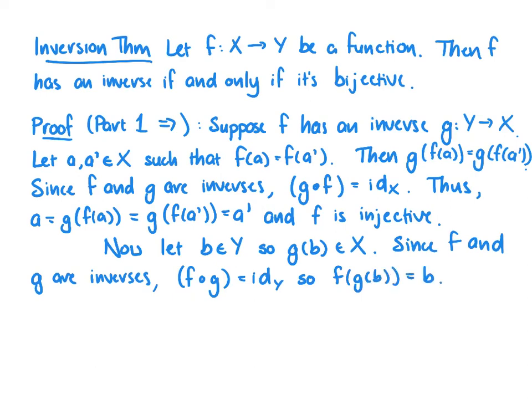So if you take any element b inside y, we can always find an element in x that gets mapped to it by f. And that means that f is surjective. So therefore, f is surjective, and it is bijective.